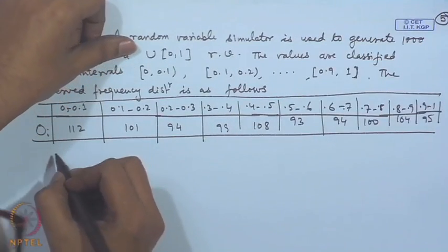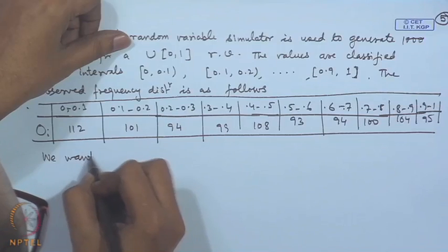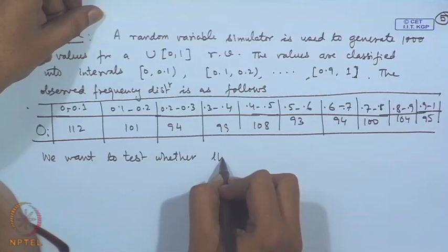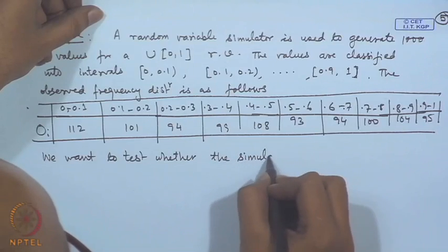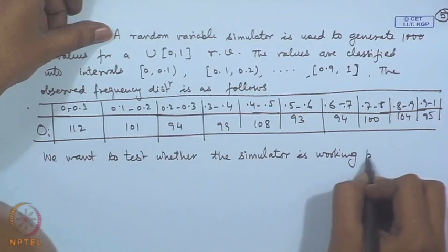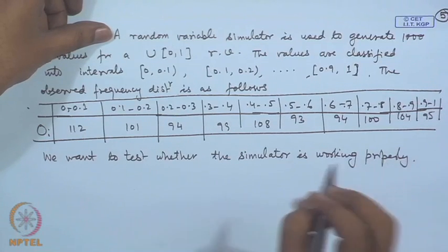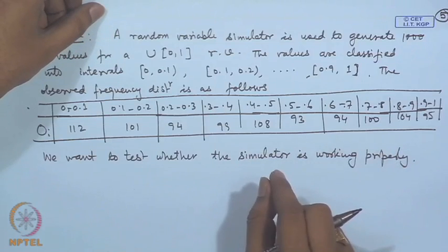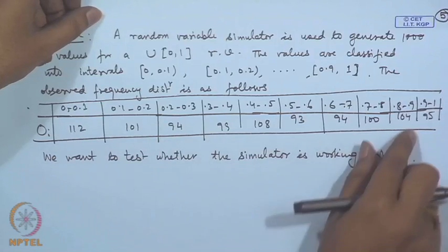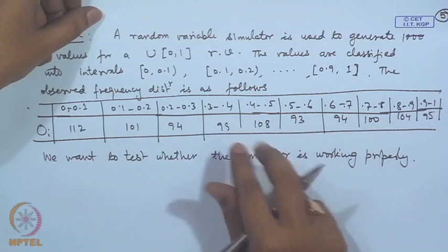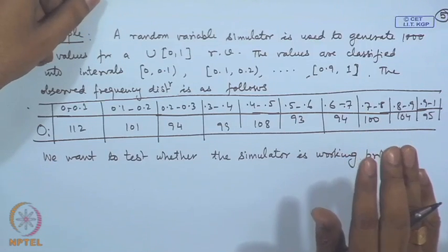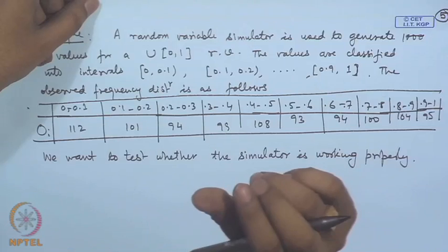So, we want to test whether the simulator is working properly. What does it mean that the simulator is working properly? If it is working properly, then the observations that we have got and classified like this should fit into a uniform distribution on the interval 0 to 1.